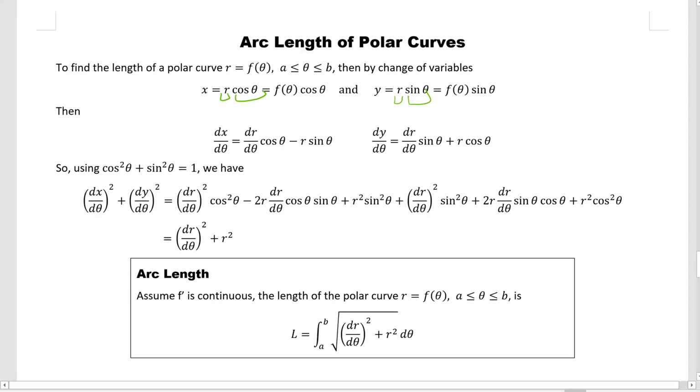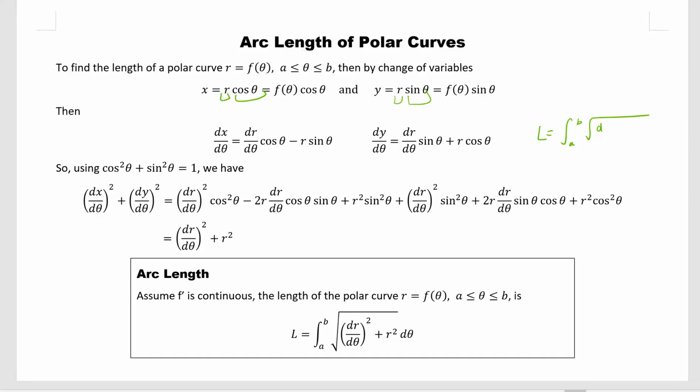Okay, and then we still want to use the arc length formula. So the arc length formula for parametric equations is the square root of dx d theta squared plus dy d theta squared. Just replace t by theta because they're both functions of theta. So what's dx d theta squared plus dy d theta squared?